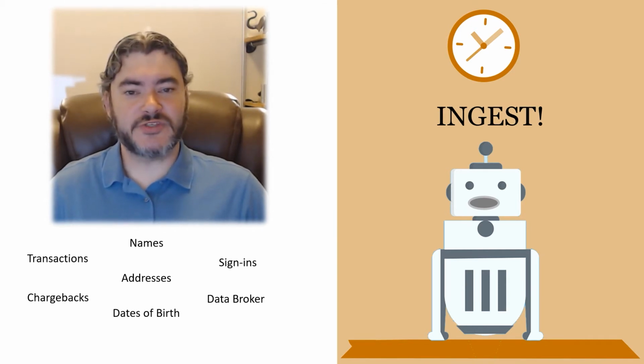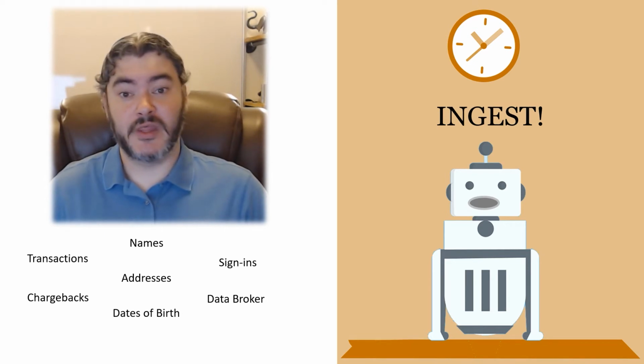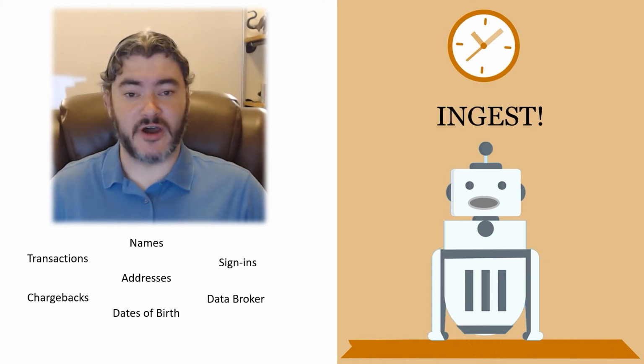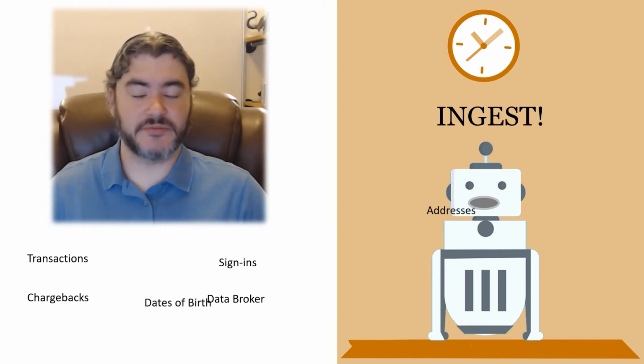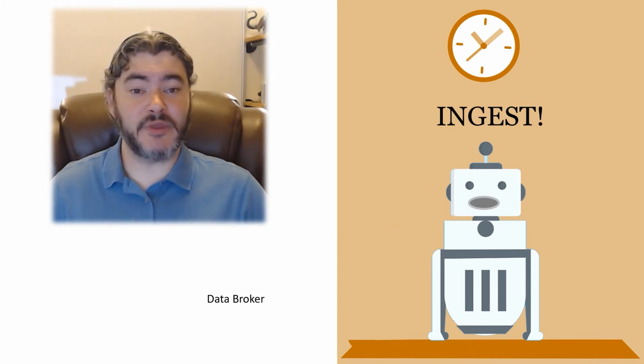The choice of data for the model should be based on what you want the model to do. For instance, models in fraud, sanctions, and KYC might all ingest some of the same data: names, addresses, dates of birth. However, a fraud model is going to need transactions and chargebacks. Sanctions may need sign-in locations, while KYC probably needs signals from a data broker, like Axiom or Ideology.